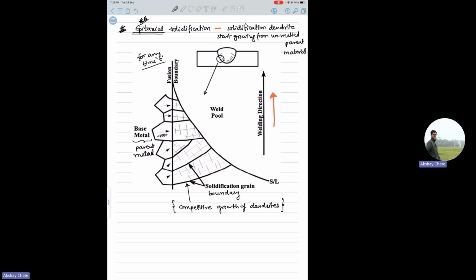Therefore, you will not have any homogeneous or good looking structure. It will be like that Amazon forest kind of thing. To get the sunlight, the trees will compete with each other. Similar to that, here also the dendritic growth will be competitive.